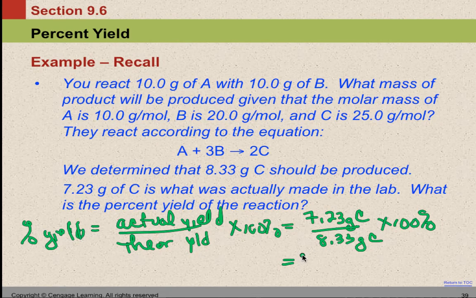In our calculator, 7.23 divided by 8.33 times 100, and I would get 86.8% yield. And it really is as simple as that.